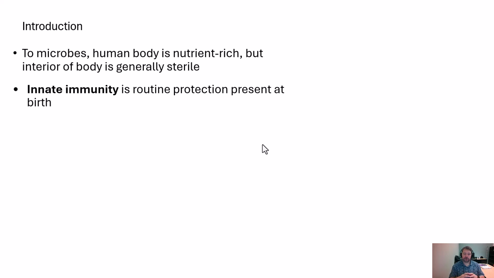So I don't want to say it's purely gene driven, because a lot of the experiences that a juvenile, a fetus, no matter what kind of organism we're talking about, has in the womb or potentially even in the egg can directly affect the innate immunity.